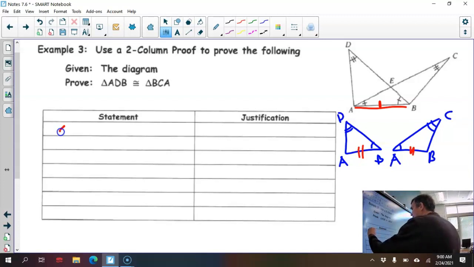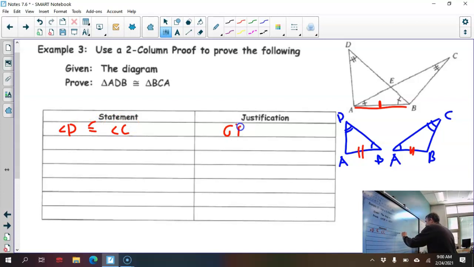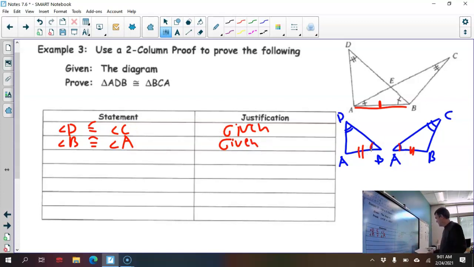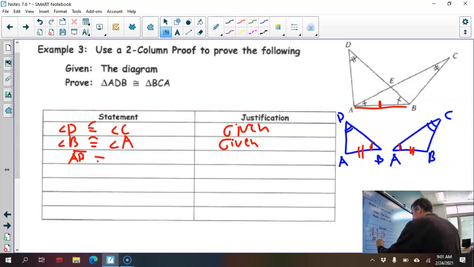Let's see. Angle D is congruent to angle C. That was given. Angle B is congruent to angle A. That was already given in the diagram. And the sides are congruent. See, AB is congruent to AB. Do you remember why?